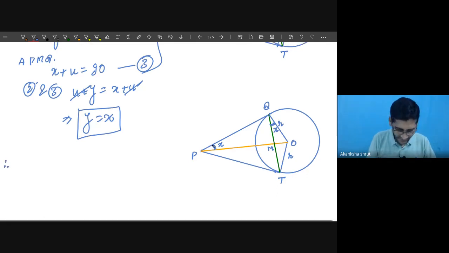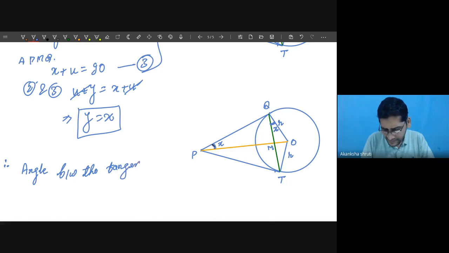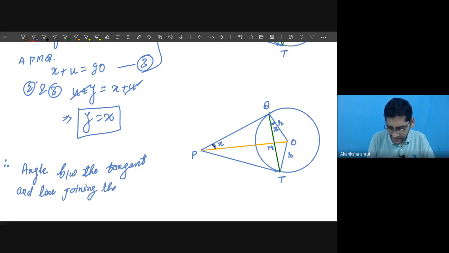Therefore, the angle between the tangent and the line joining the external point and the center, that is one side.